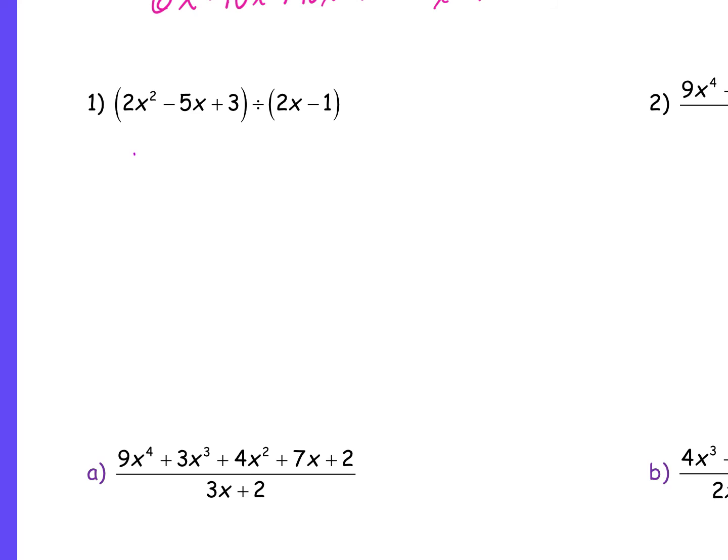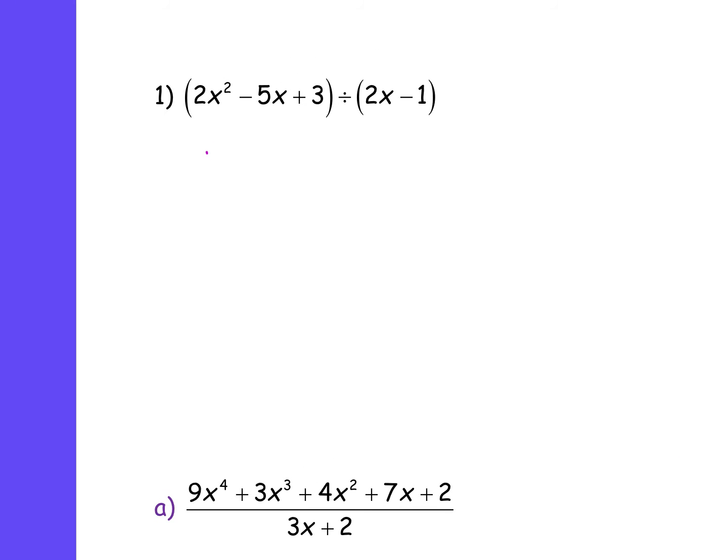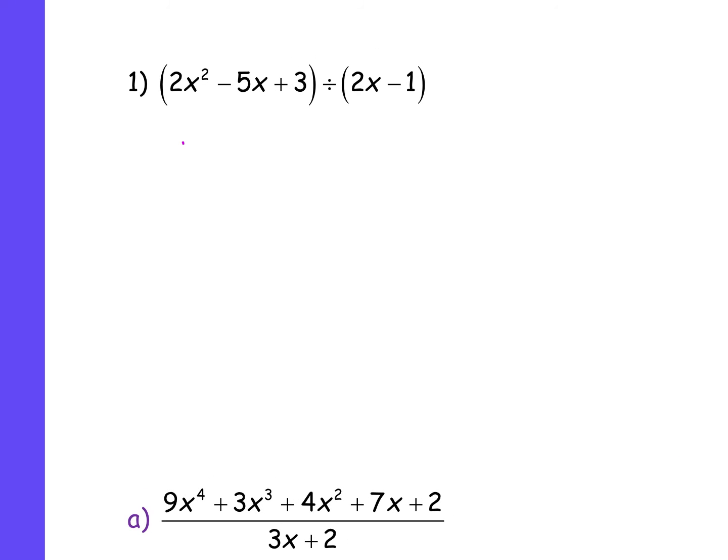Okay. I'm not going to say that all over again, but I am going to do one way and one the other way because I did not push record. So if I do this long division, I've got 2x squared minus 5x plus 3 divided by 2x minus 1.